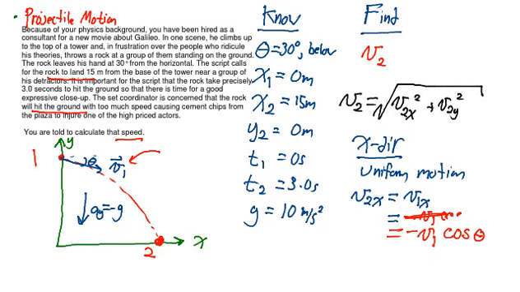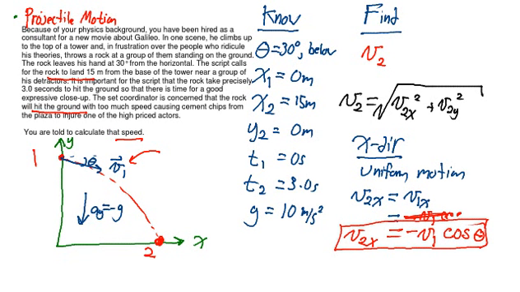So that's going to be v2x. And even though we can't come up with that number yet because we don't know the value of v1, we weren't given that, we've got that at our disposal when we're ready to use it. Alright, so that's the x part of the motion.